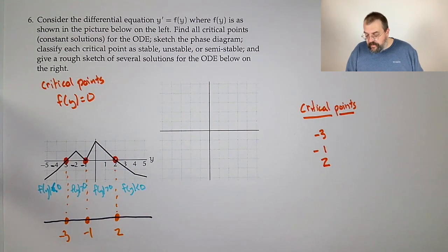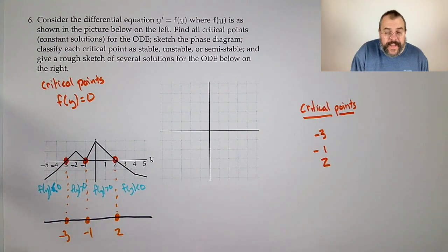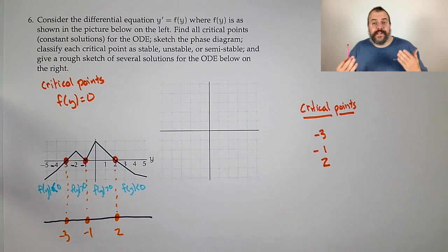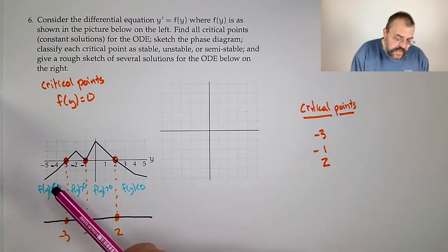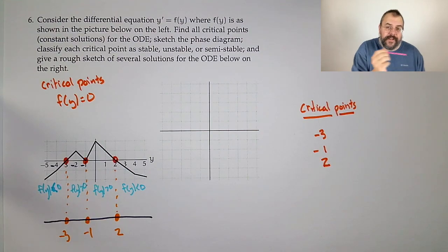Now, how does that translate? So be careful here. You're like, oh, I'm coming in towards -3, that's the f of y, but what is the translation? If I see a negative value, that means I'm going to the left. If it's a positive value, I'm going to the right.